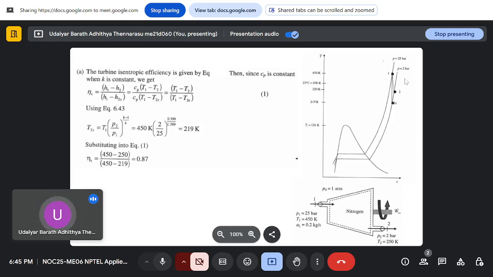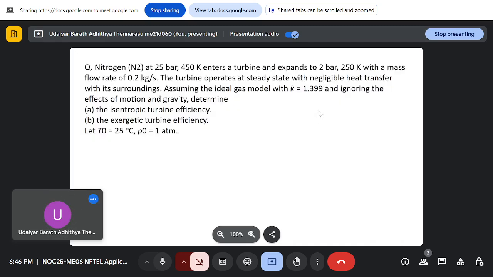Assuming Cp is constant, Cp will cancel, so I get (T1 minus T2) by (T1 minus T2s). Or we can directly use a nitrogen chart to find the enthalpies, but here we are assuming Cp is constant. I can find T2s for an isentropic process, since the adiabatic index value is given as 1.399 or 1.4.